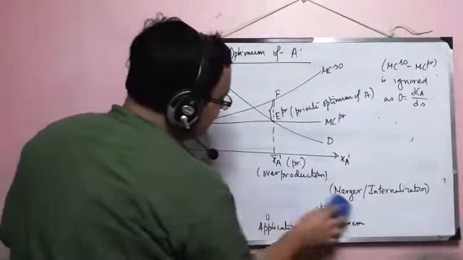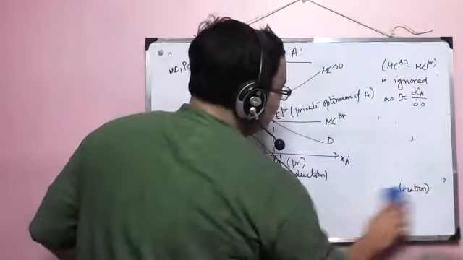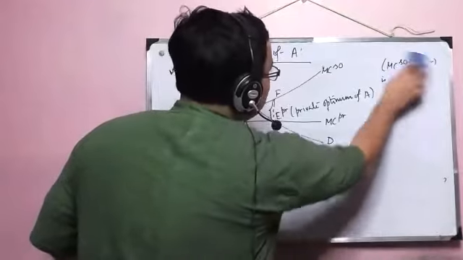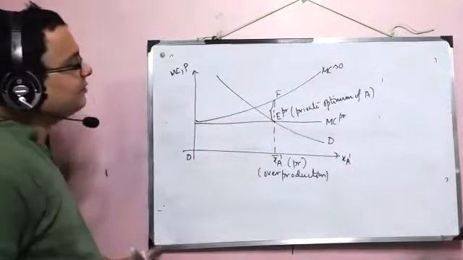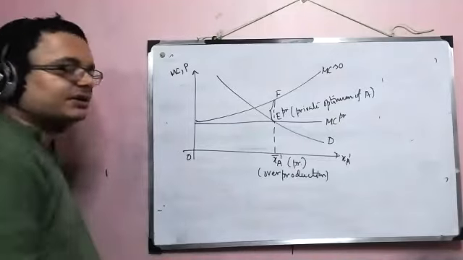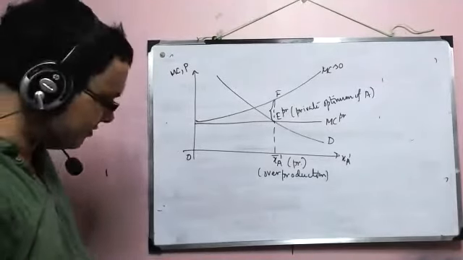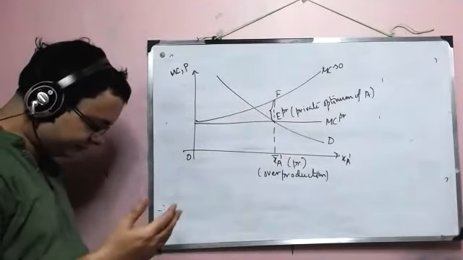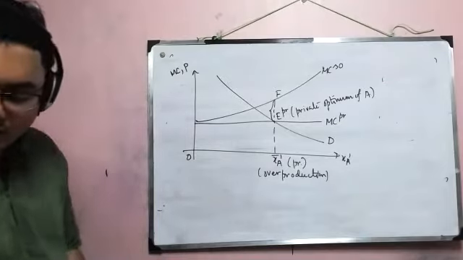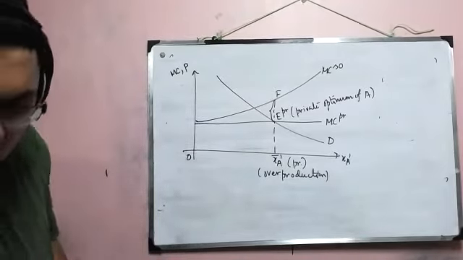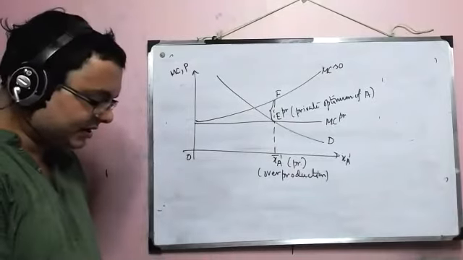Obviously, we'll look at the optimization problem that is involved in each of them. Okay, so we are going to keep this diagram which shows the private optimum of A, okay, and then we will look into how the idea of merger changes the whole thing.